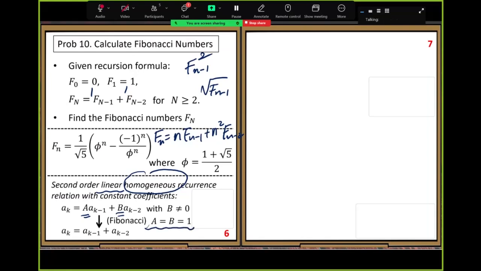But the procedure we follow here would be general. Although we only work on the Fibonacci problem, for the general problem, we can use this method. Solving the Fibonacci recurrence relation.